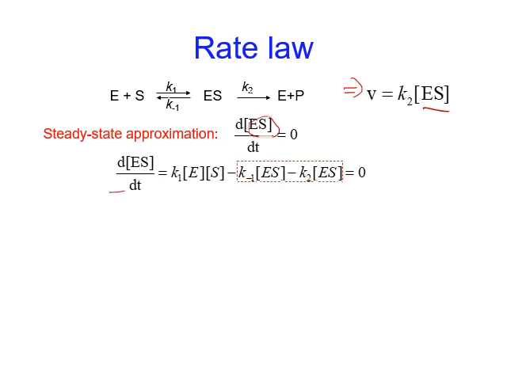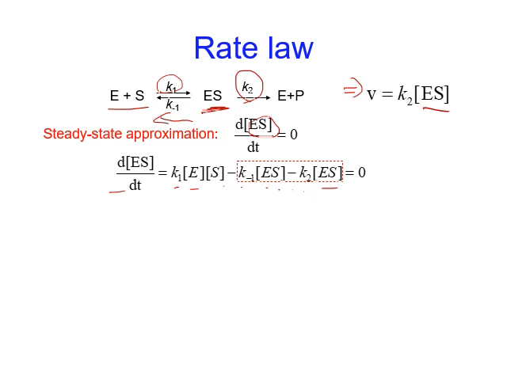The first step, forward reaction, is a second order reaction, so k1 times E times S to produce ES. The reverse reaction is a unimolecular reaction, first order, so it's k-1 ES, with a negative sign. And the second step also consumes ES, so minus k2 times ES equals 0.